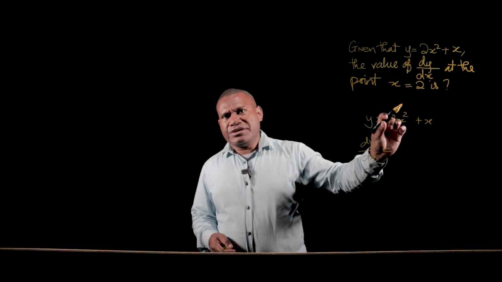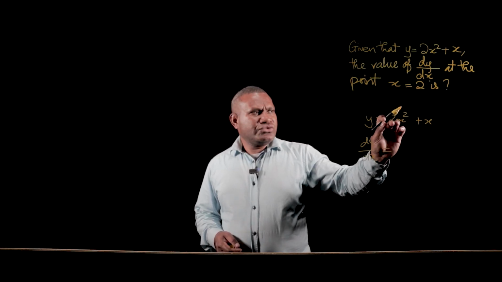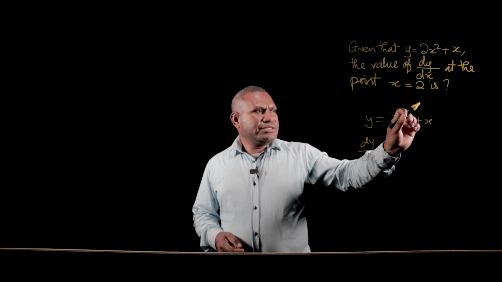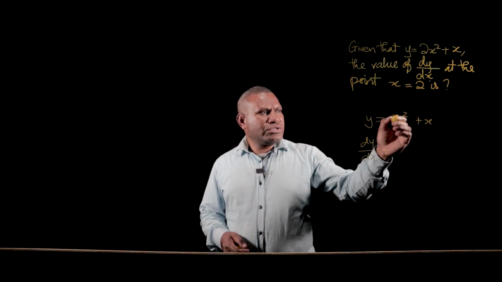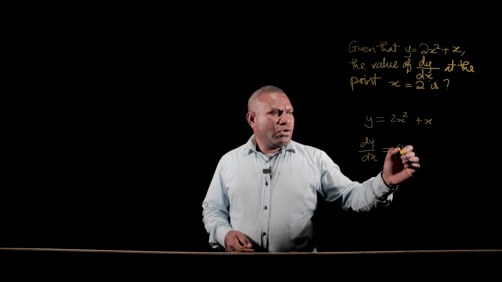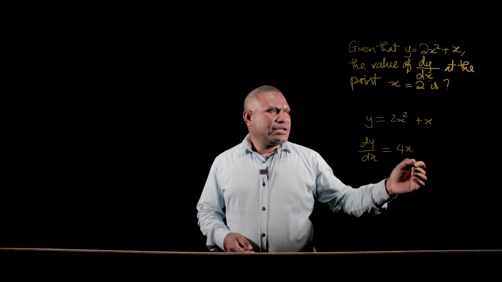We bring the exponent in front and multiply by the coefficient 2, and then subtract 1 from the power. If you bring the 2 in front, 2 times 2 gives us 4, and then minus 1 from this power, it will be x raised to the power of 1.